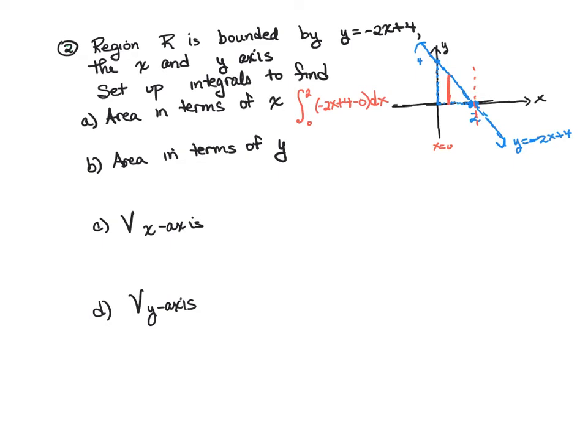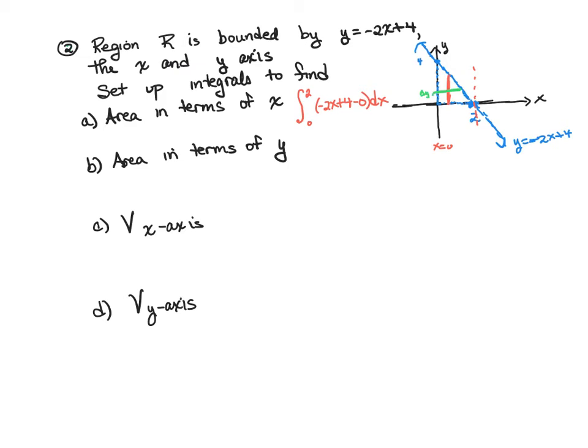Now, if we want to set up an integral in terms of y, then we must use a horizontal rectangle, because the width of this rectangle, the delta y, is here.